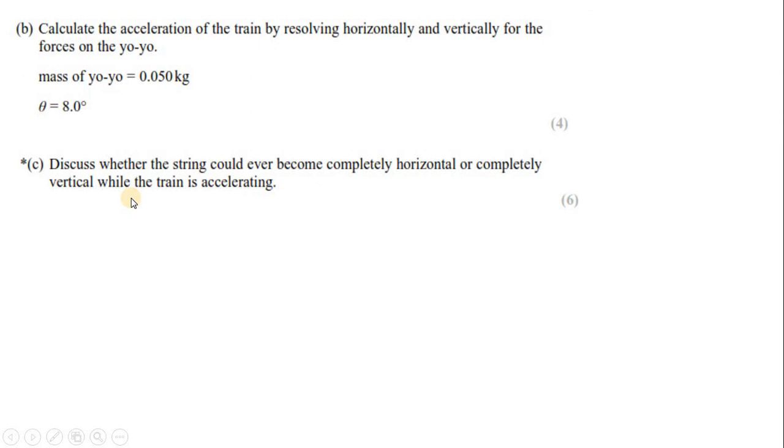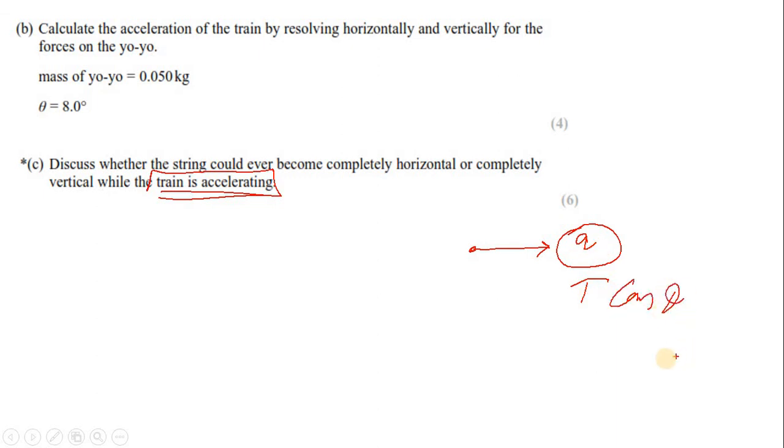Part C: discuss whether the string could ever become completely horizontal or completely vertical while the train is accelerating. Remember, when the train is accelerating, there must be some acceleration in a horizontal direction, and this horizontal force is coming from T sine theta, the horizontal component.